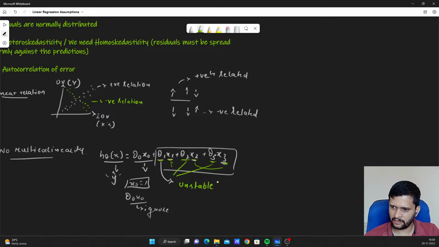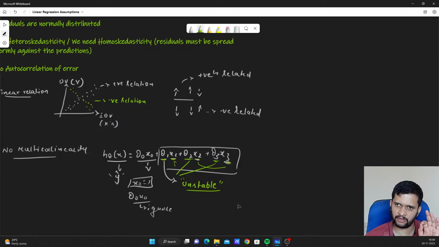When I say unstable, it only means that theta 1, theta 2, theta 3 are not the representation of the change in y considering only x1 with respect to theta 1, only x2 with respect to theta 2, and only x3 with respect to theta 3. These things will be internally related. We cannot consider theta 1 as the coefficient associated with x1 alone. That's why, if there is multicollinearity, these theta 1, theta 2, theta 3 will be unstable. We cannot rely on the values that we have learned for them.